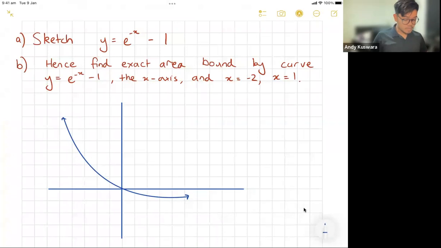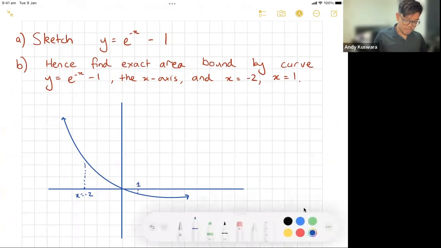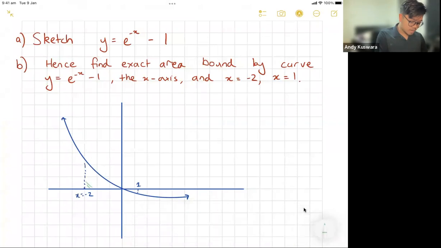Right, and if we're going between the x-axis, x equals -2, and that there is x equals 1, the area that we're finding here is this guy. Area under this side, area under that side.